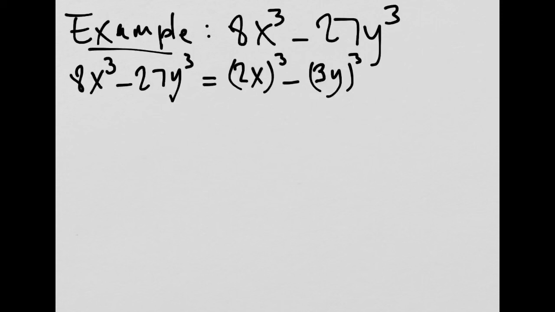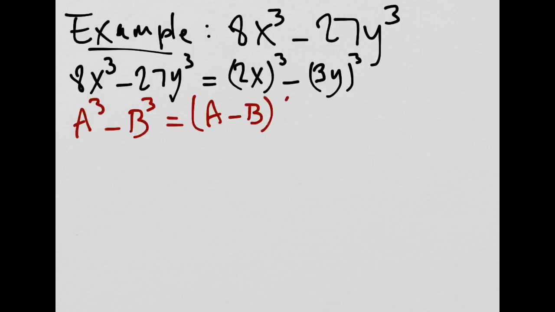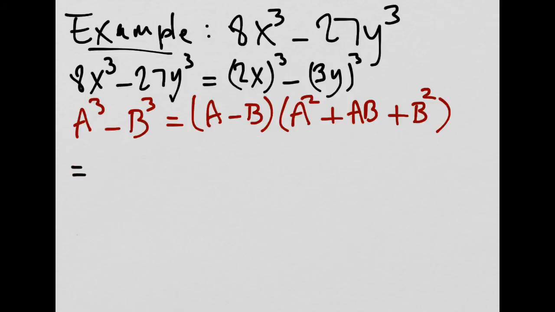And that's something of the form a cubed minus b cubed, which, using our identities, can be factored as a minus b, a squared plus ab plus b squared. Here, 2x is playing the role of a, and 3y is playing the role of b. So with that in mind, let's pay close attention to the signs and factor.